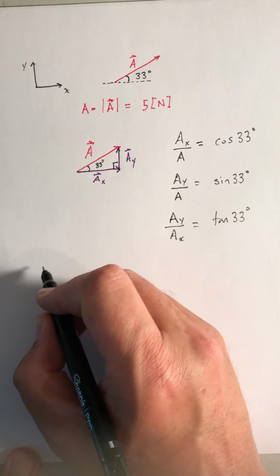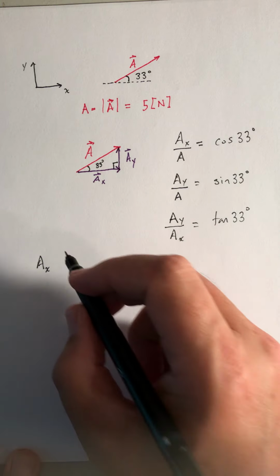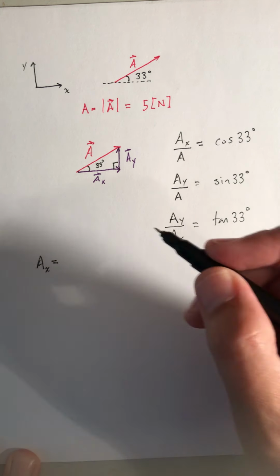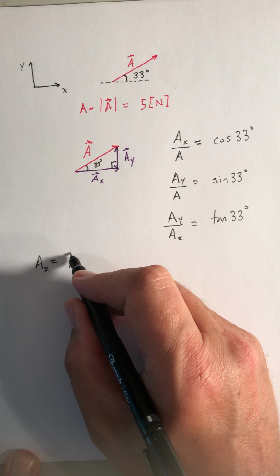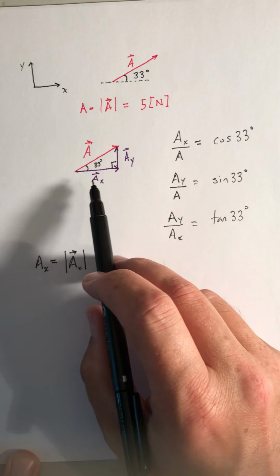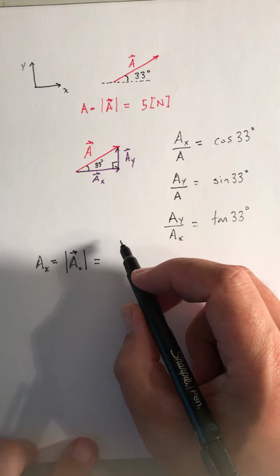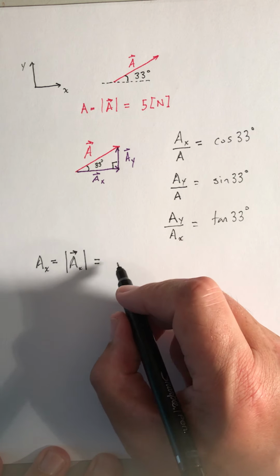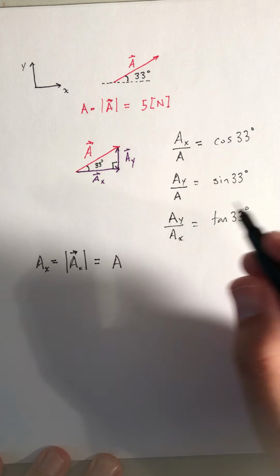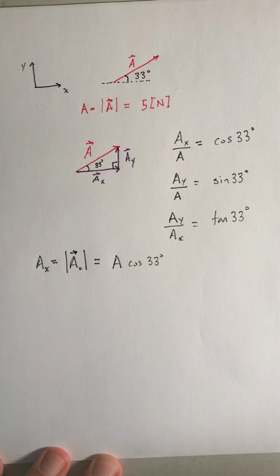All right, so to find the x component, that means I am taking the magnitude of this vector A sub x. That is going to be the length of the hypotenuse, which is A, no vector symbol, times cosine 33 degrees.